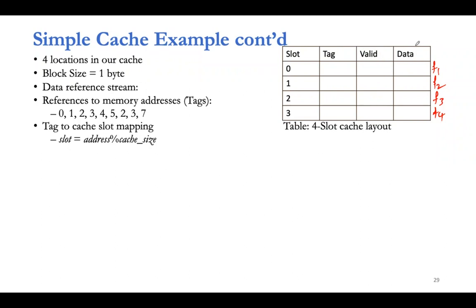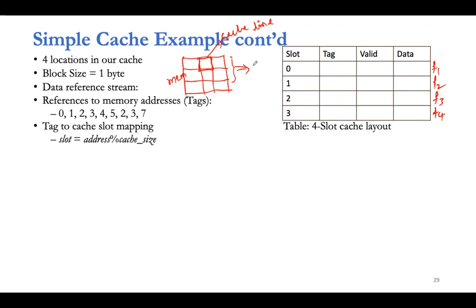When we are trying to map this from main memory, for every block or every cache line there is a dedicated frame here.